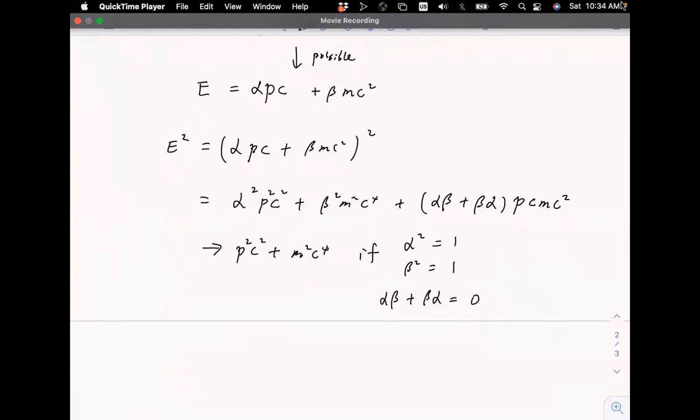Okay, if you can find beta and alpha that satisfy this dispersion, then you will make it work.